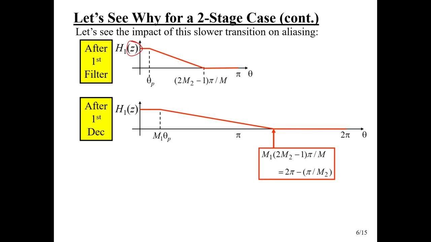So now after the first decimation, view this as a signal spectrum, not as the filter. We know that things get stretched out. So this point gets stretched out to there, by a factor of M1. Here I've done a little bit of algebra and manipulation to show what that point is.